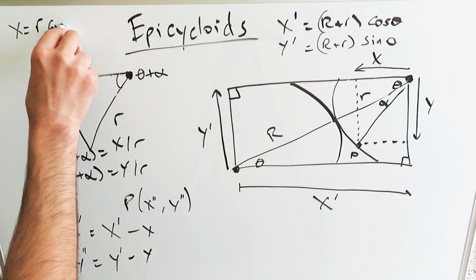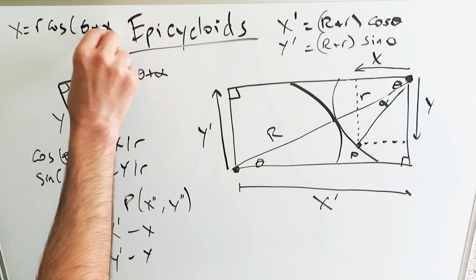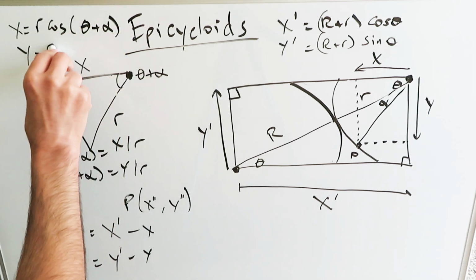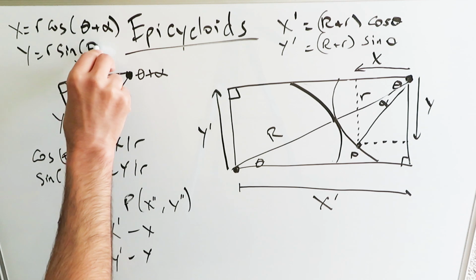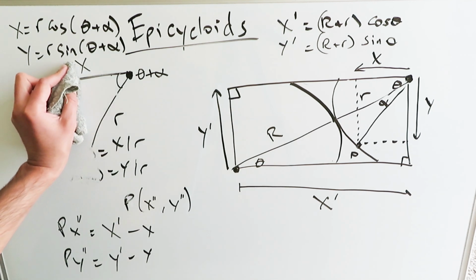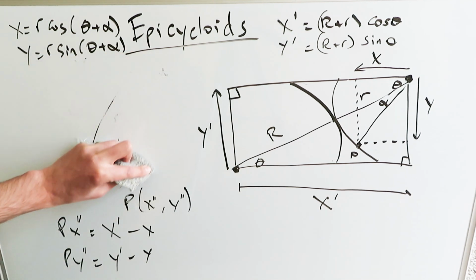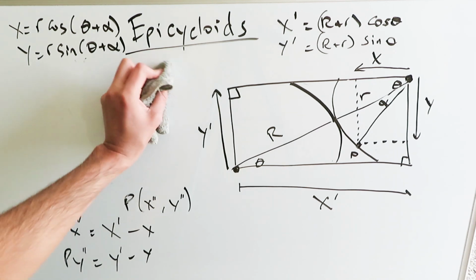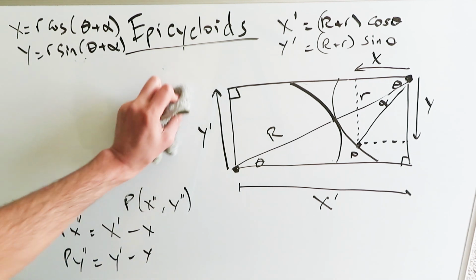I have r times cosine of theta plus alpha, and y is equal to r times sine of theta plus alpha. For cleanliness reasons, I'm erasing this, because you've seen how everything has come about. The only thing which I'm keeping for you is this item right here on the bottom, which is giving me the point P. As you can see, the template is already in place for you.